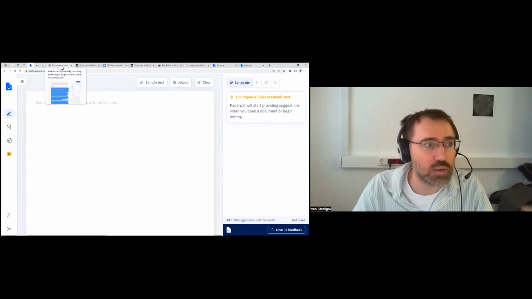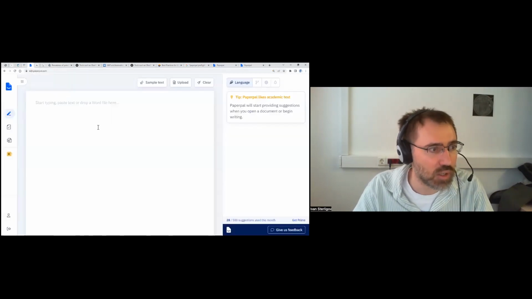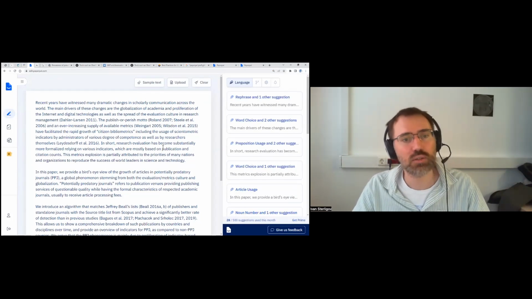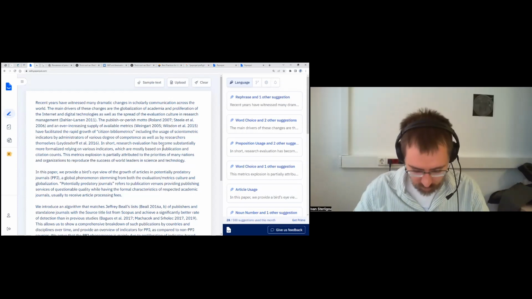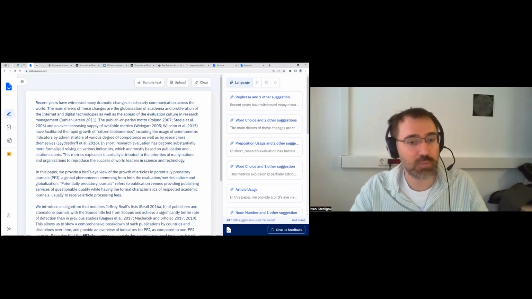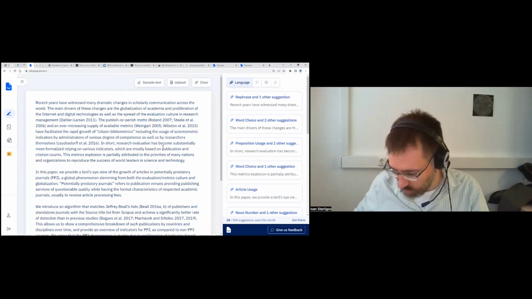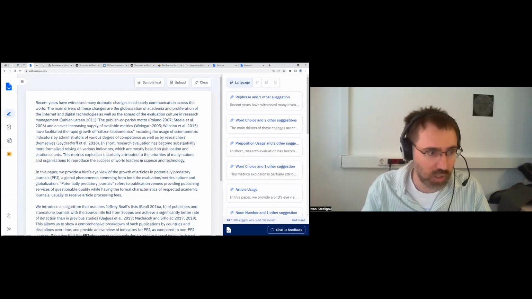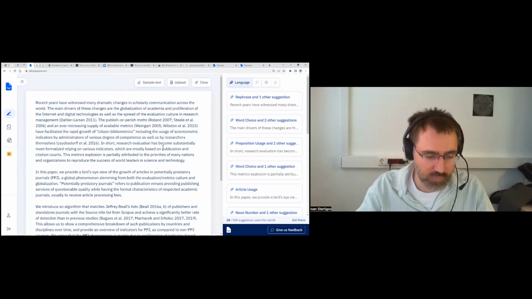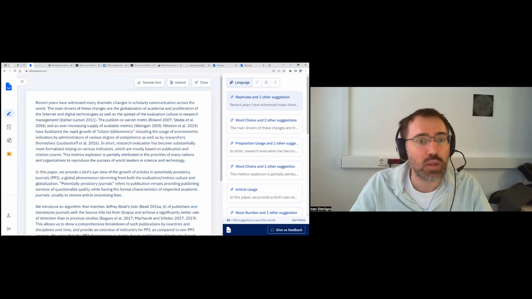So this is another of my papers, and I just copy-paste the introduction here, and PaperPal starts producing its suggestions. You can do the same with any of your texts which you think require some editing, or maybe on the contrary, which you think are great and do not require any copy editing, and so on.